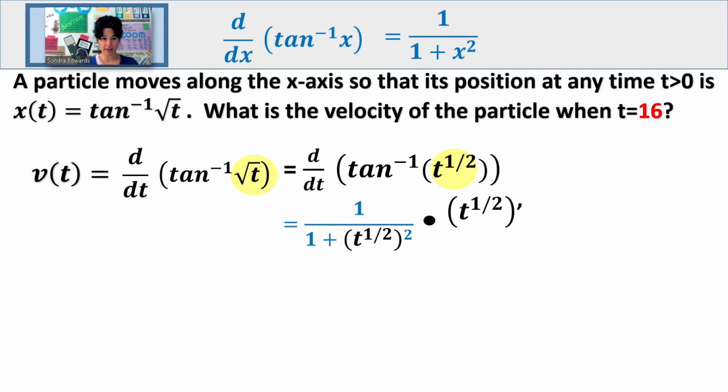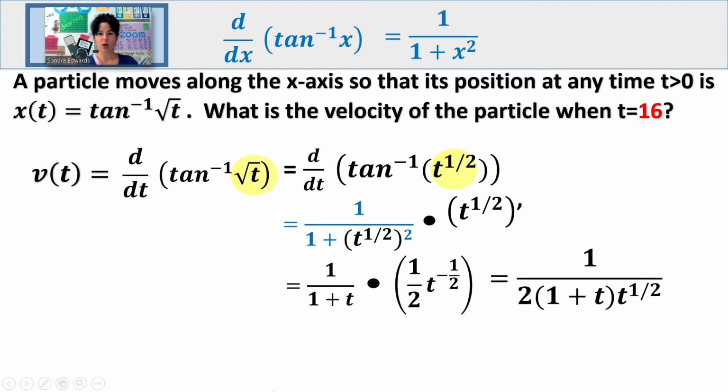When you take the derivative of t to the 1/2, we move the exponent to the front and subtract 1 off the exponent. The derivative of t to the 1/2 is 1/2 t to the negative 1/2. We don't have times t prime because our variable is t. Anything that's not a plain t would be treated like an input function, but we do have a plain t, so we're good.